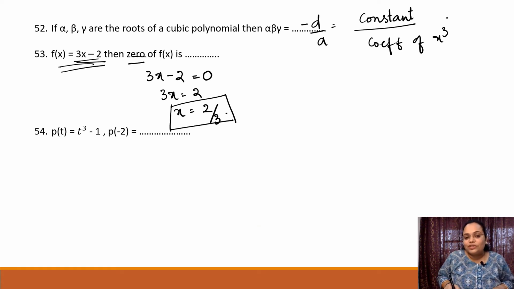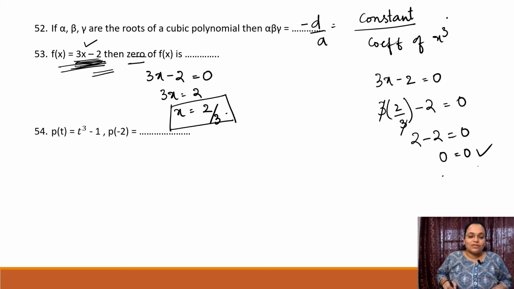When you substitute x is equal to 2 by 3 in this equation, that will satisfy the equation. So the next one is p of t is equal to t cube minus 1. Then we need to find p of minus 2.